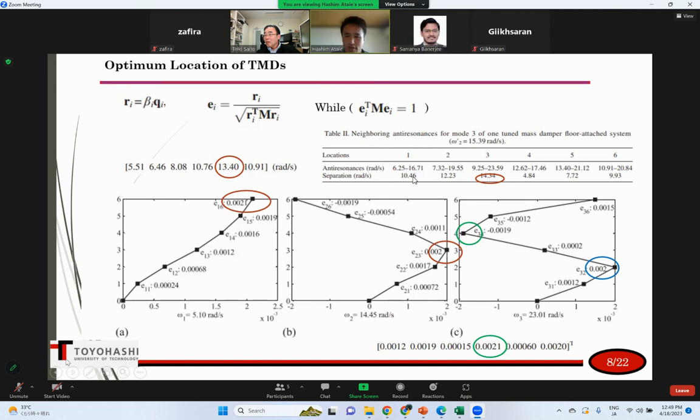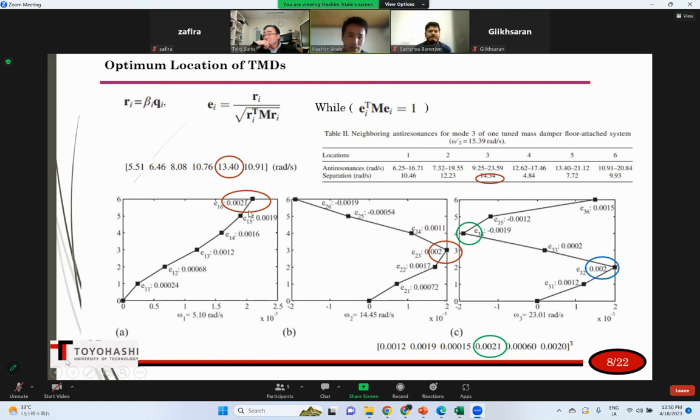The anti-resonance frequency separation is also calculated. We can see that the third floor has the largest separation of anti-resonance frequencies. So these two are the same, and the third floor is the location.